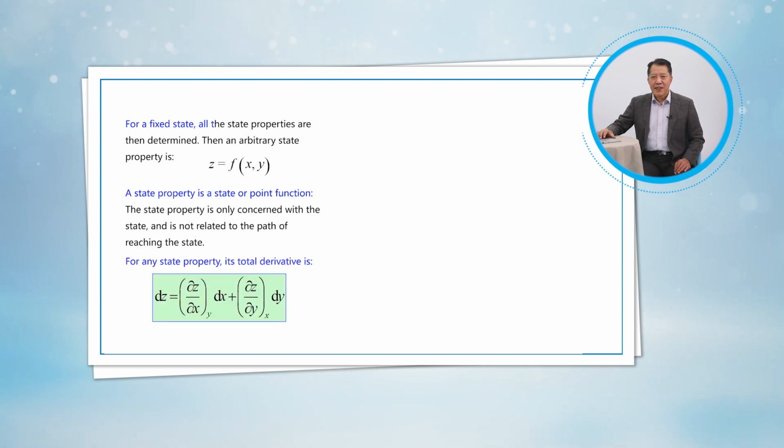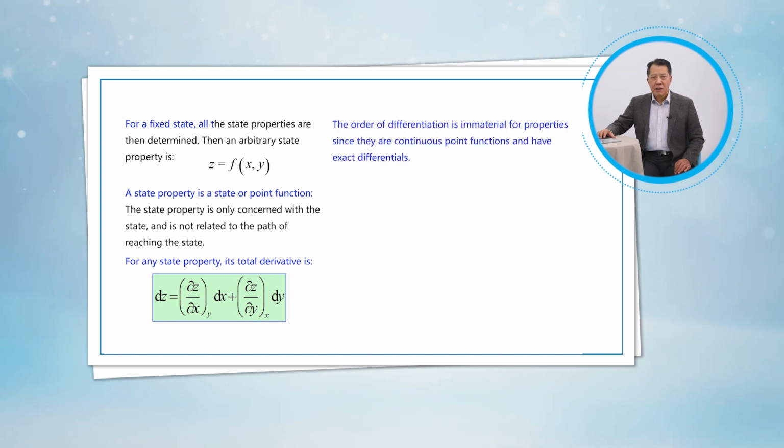For any state property, its total derivative is dz = (∂z/∂x)_y dx + (∂z/∂y)_x dy. The order of differentiation is immaterial for properties since they are continuous point functions and have exact differentials. Therefore, we have ∂/∂y(∂z/∂x) = ∂/∂x(∂z/∂y).